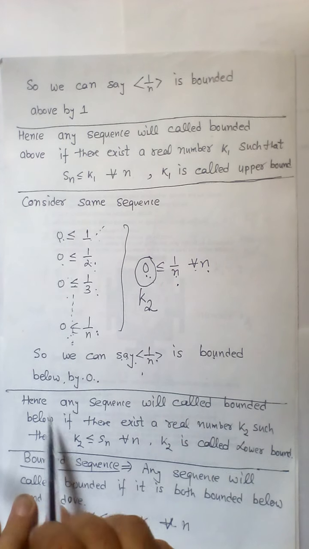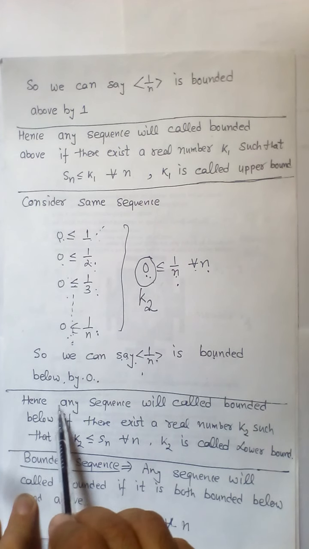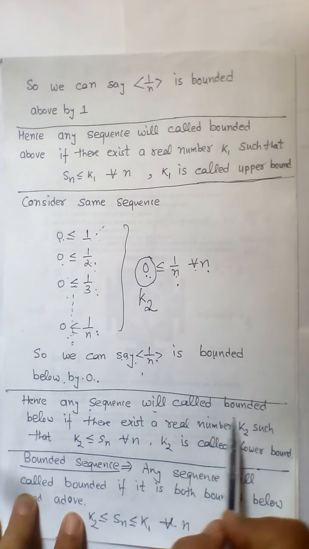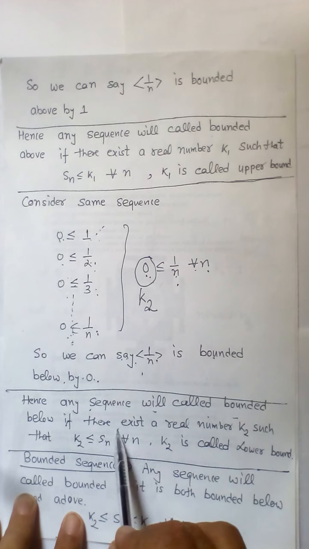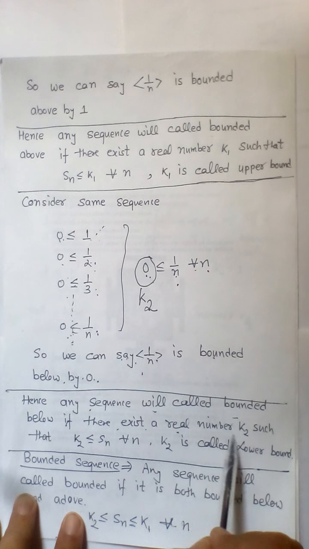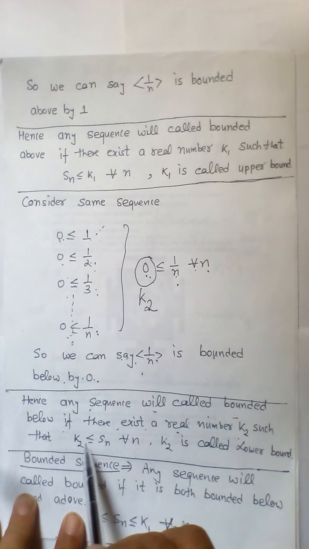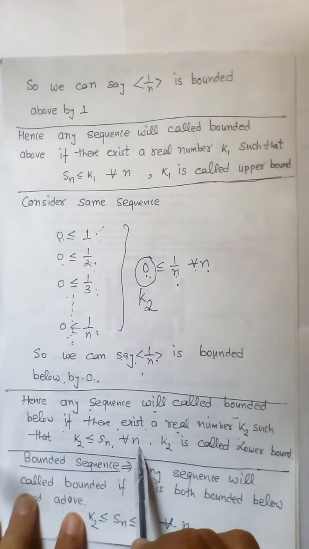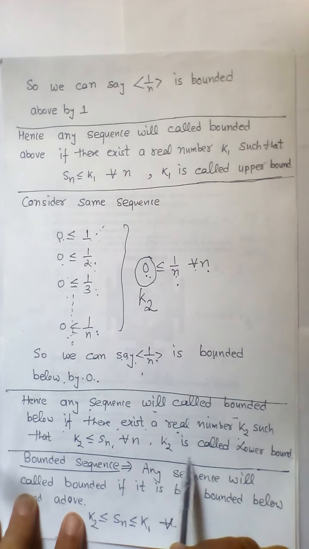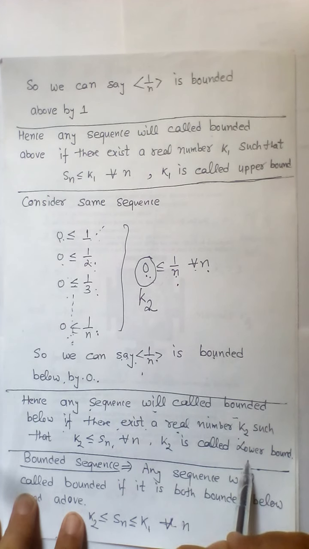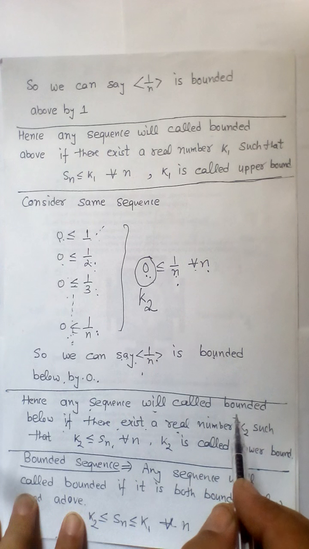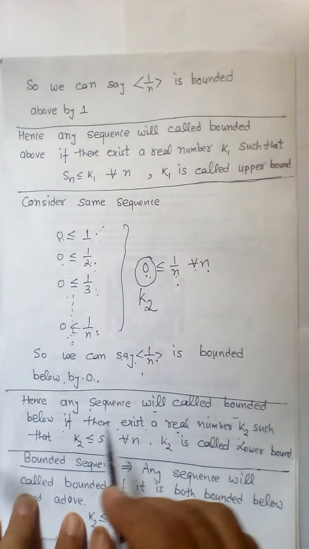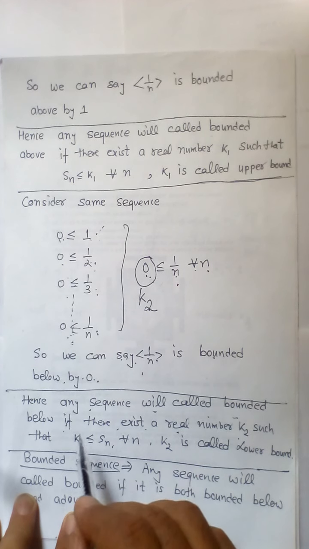We can summarize it like this: any sequence will be called bounded below if there exists a real number k2 such that k2 is less than or equal to Sn for all n, and k2 is called lower bound. This means if you have to show that any sequence is bounded below, then you will search for k2.